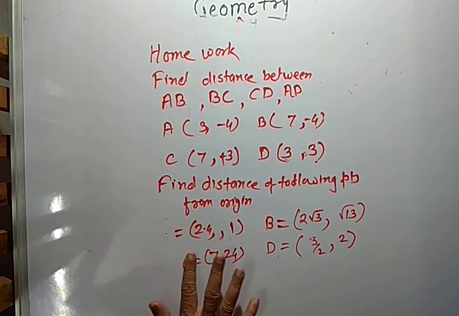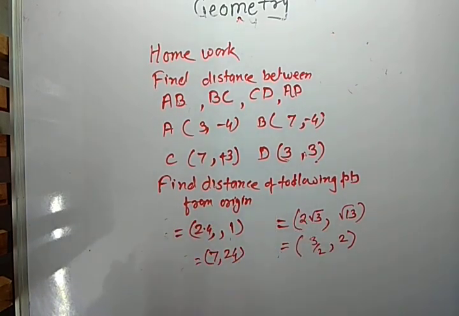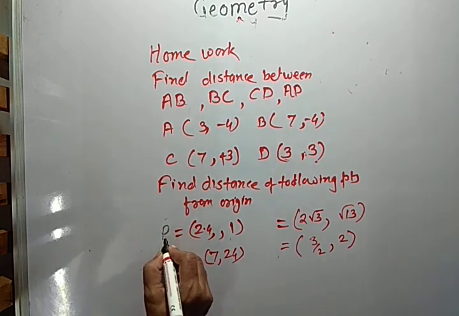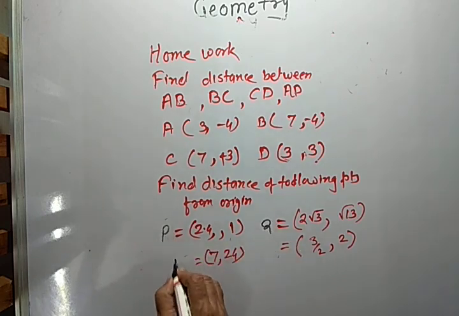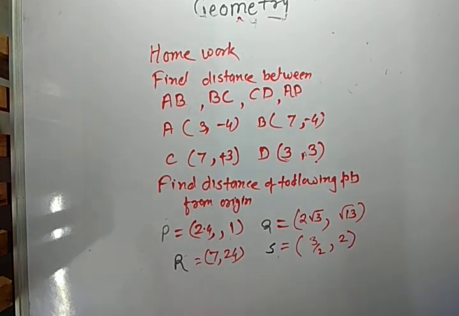I will give you PQRS, not to confuse. P is equal to 2.4, 1. Q is equal to 2 root 3, root 13. R is equal to 7, 24 and S is equal to 3 by 2, 2. Okay.